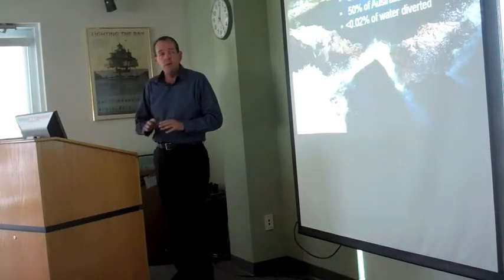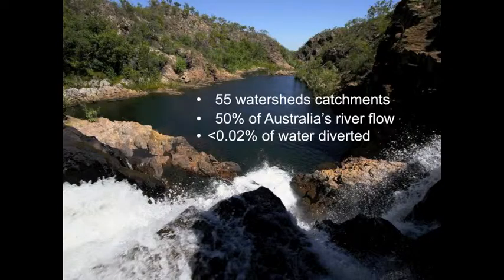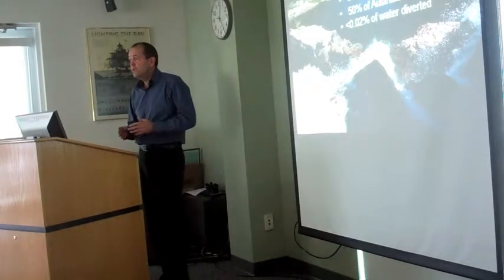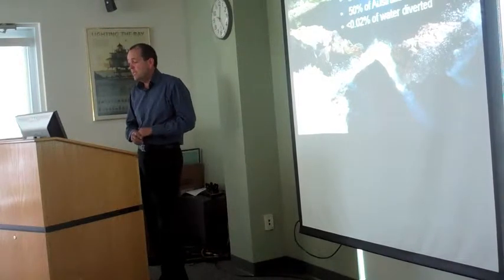But it's not to say that they're not important. There's about 55 major watersheds across that large area that I showed you. And of those, if you put them together, they contribute about half of Australia's total river flow. So about half of Australia's freshwater discharges out through these river systems in those 3 months of the year.